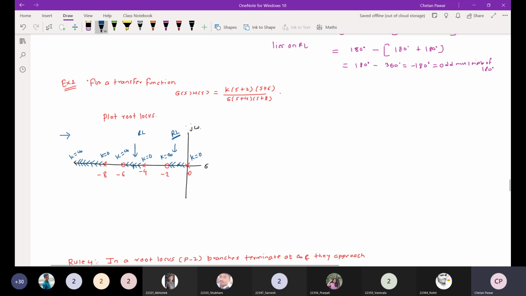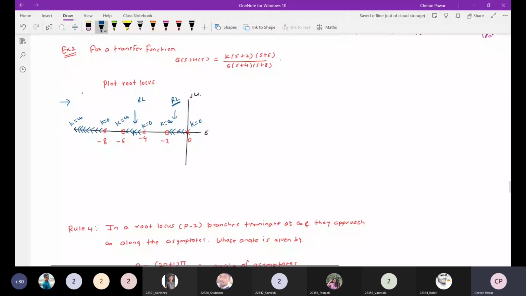Okay, so let us consider rule number 4. Now if you see this third pole at -8, that pole meets the zero placed at s equal to infinity. So this root locus branch follows the asymptote.